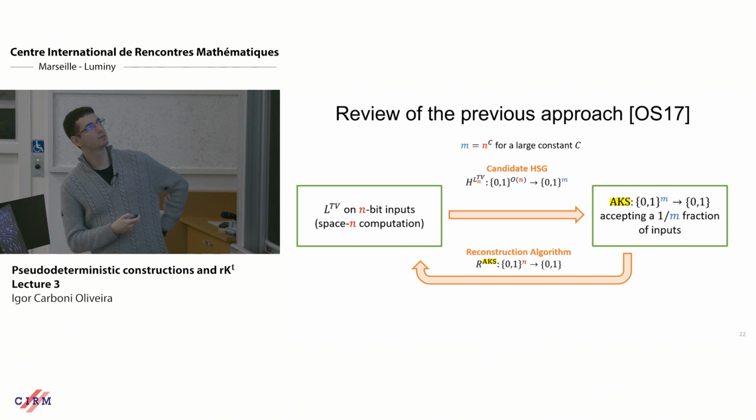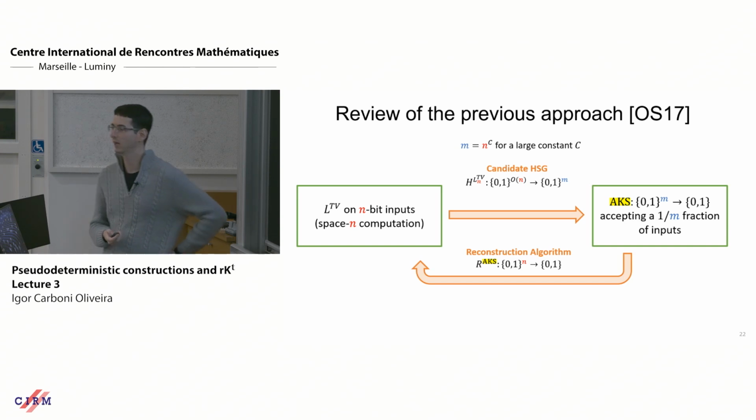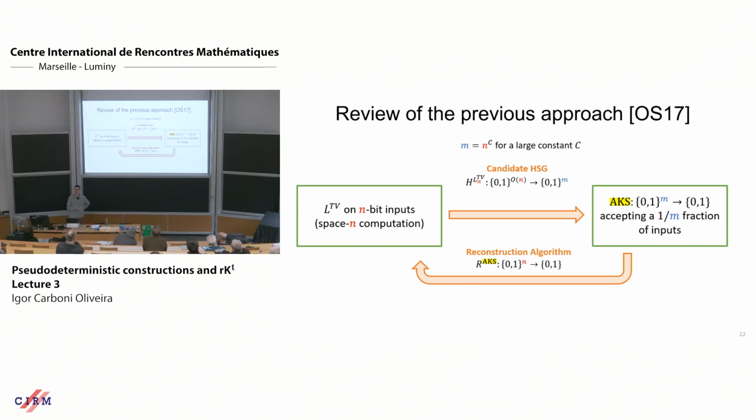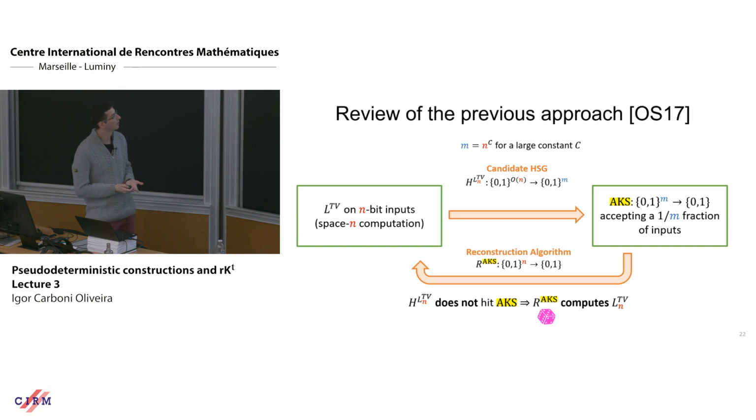And now the question is, is this generator going to hit the set of primes or not? Because we don't know, we're going to consider the two cases. One is when the generator doesn't hit an m-bit prime. In this case, this language can be computed efficiently using the reconstruction procedure.